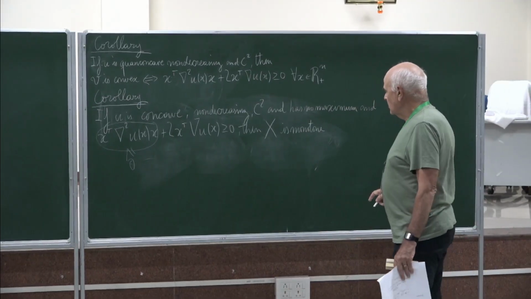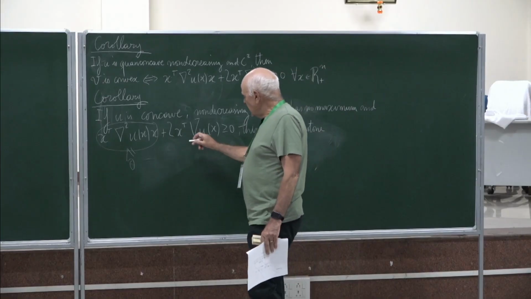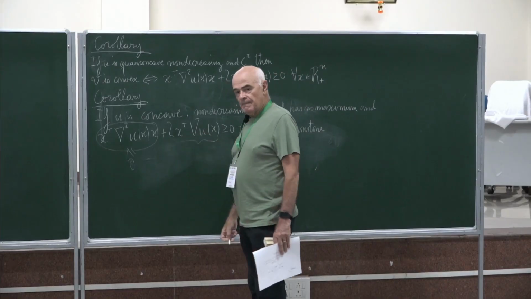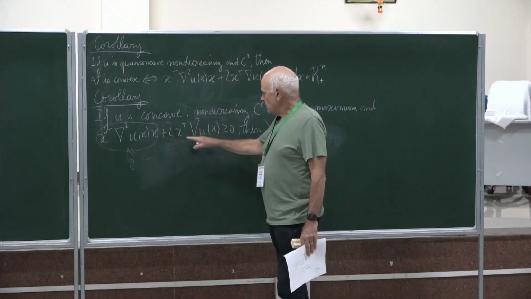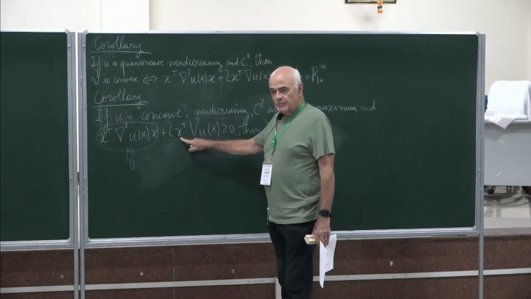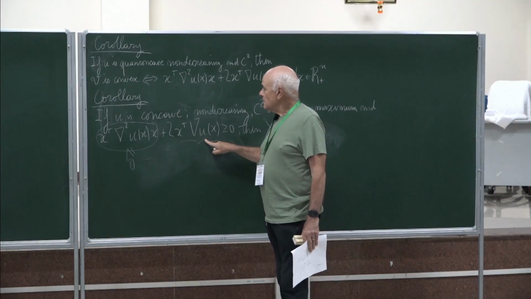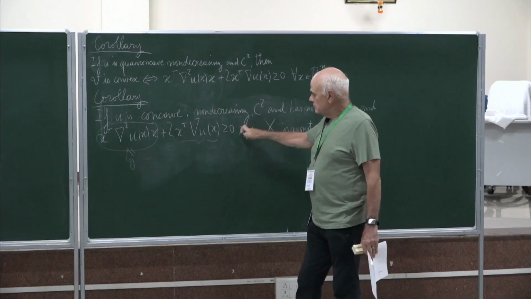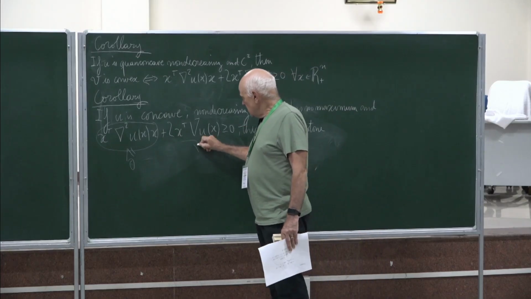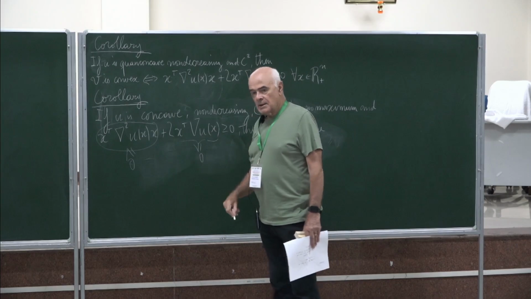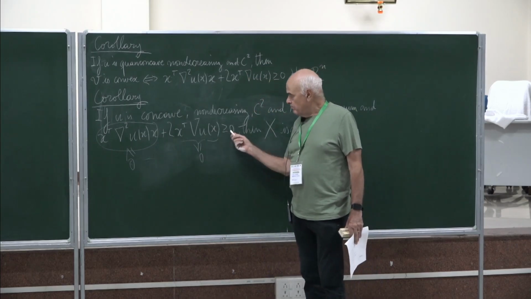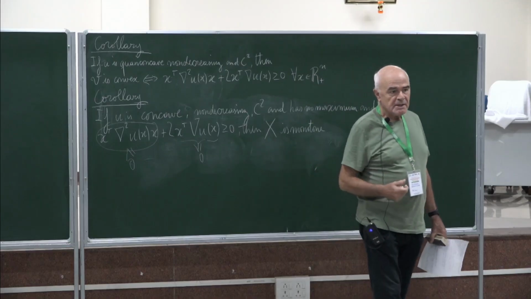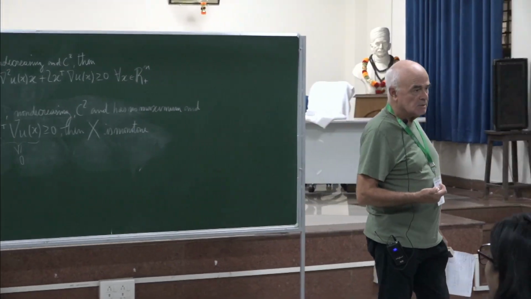But we are adding here a non-negative term, because x is non-negative and the gradient is non-negative too because U is non-decreasing. So we are adding a non-negative term which makes this inequality possible.